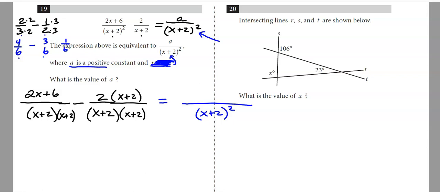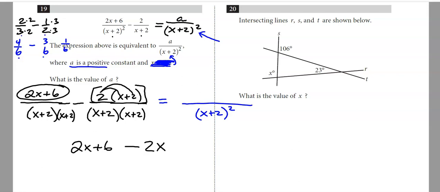So this top part, I have a 2x plus 6 minus this expression, which is 2x plus 4. Okay? So I have 2x plus 6 minus (2x plus 4), and be careful, this is where you have to remember to distribute that negative 1.